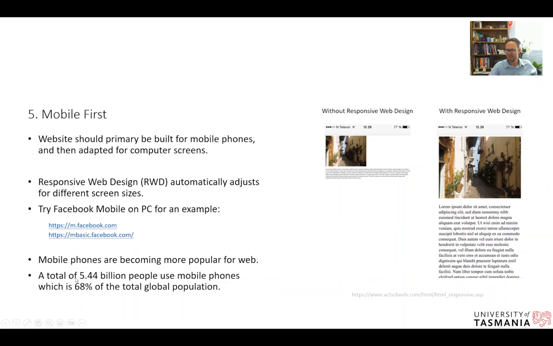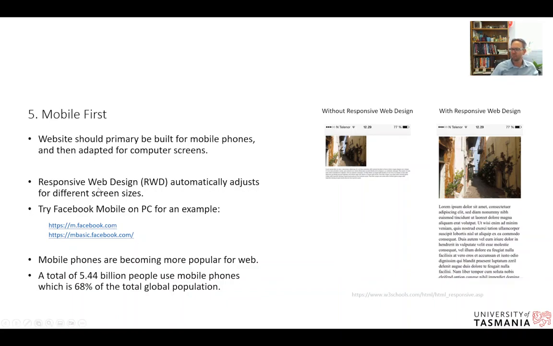A total of 5.44 billion people use mobile phones, which is 68% of the total global population. I've got a link to this digital report in there, which is not coming up, but basically it's saying so many people are using mobile now, we have to do mobile first.